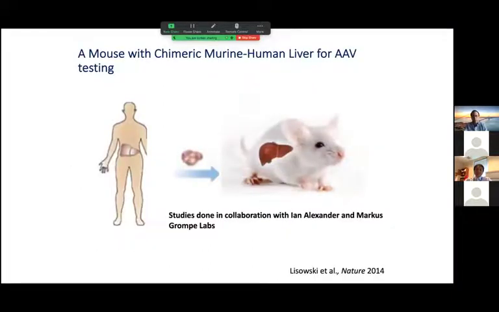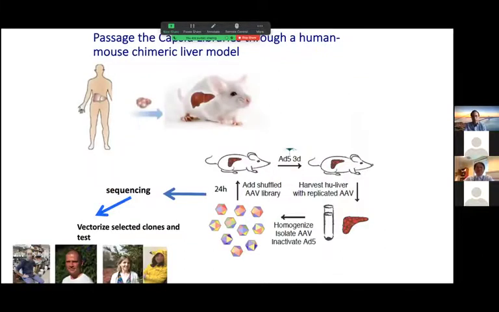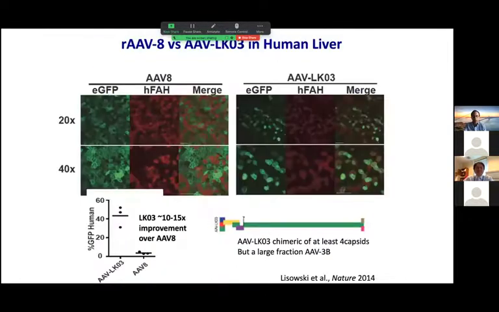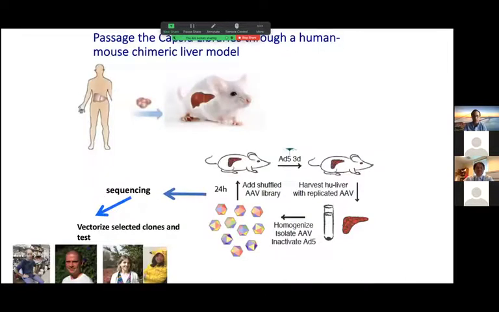And one of the things we were interested in was using a mouse model that was developed in Markus Grompe's lab, where you can take a mouse that has a genetic defect and implant into the liver primary human hepatocytes that repopulate the mouse. You can then study AAV vectors in terms of their ability to transduce.